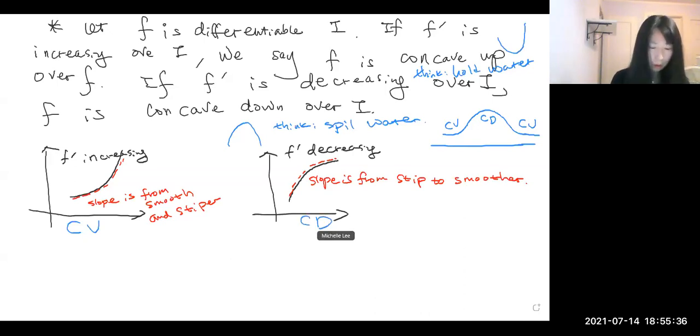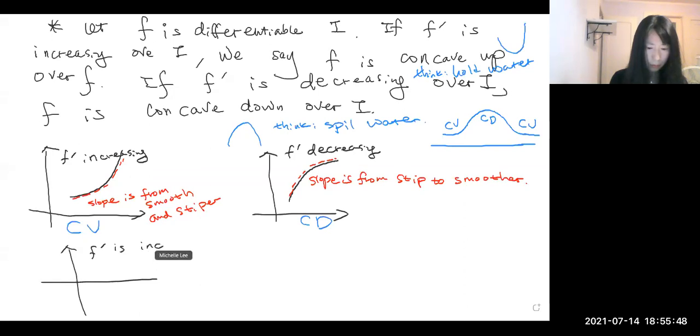How about this one? Also here, f prime is increasing. Look at this one: it's a negative slope, right?